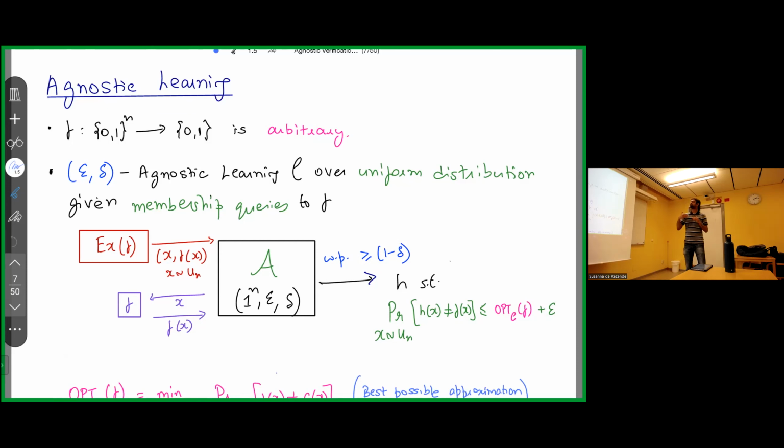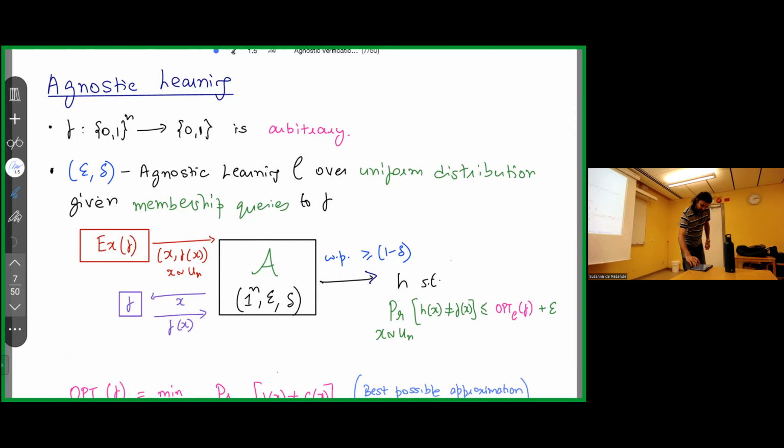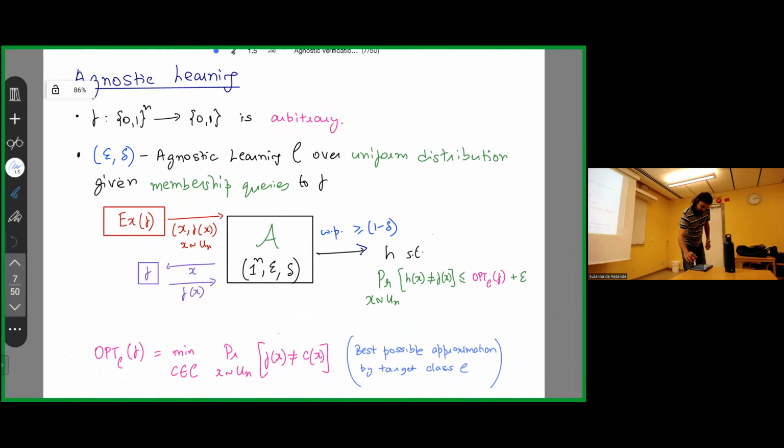Mm-hmm. So in agnostic learning, you have an arbitrary function, and again a random example oracle and a membership query oracle to f. The goal of the learning task is to output a hypothesis which approximates the underlying function as well as it can with respect to the underlying class C. And what do I mean by opt?